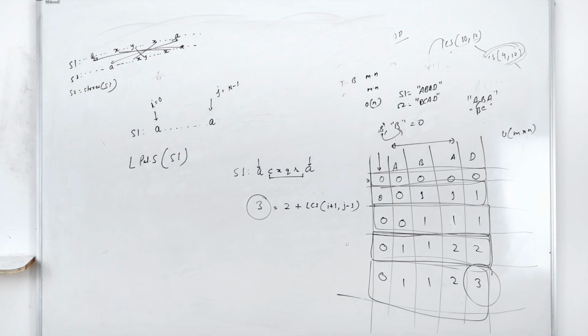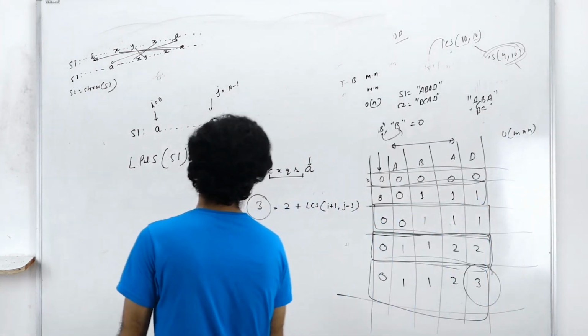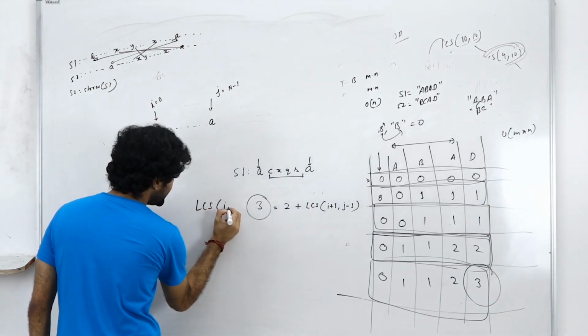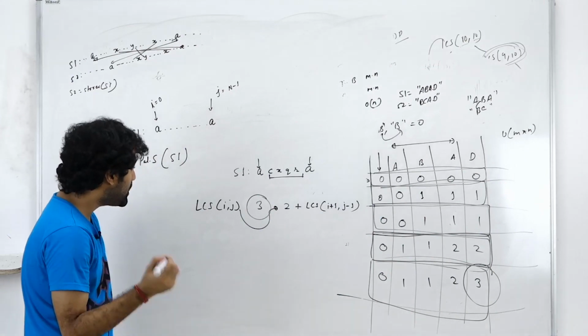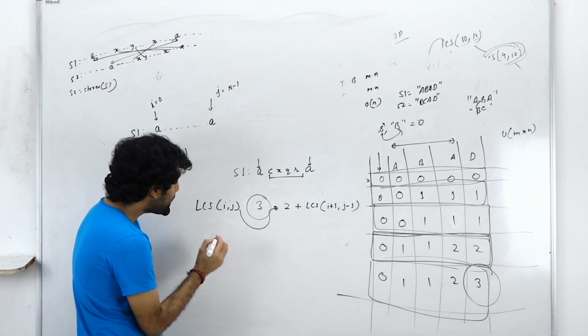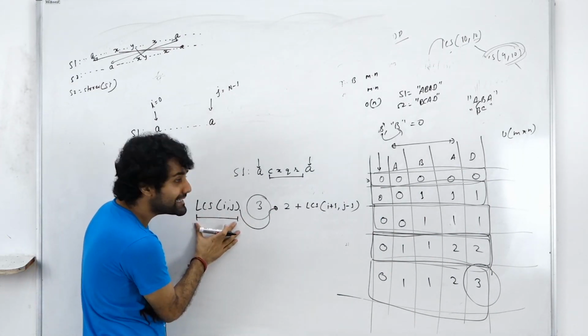So this is the way in which you can recurse from LCS of ij to something which is equal to this. Now my question is, what is the physical significance of LCS ij here?